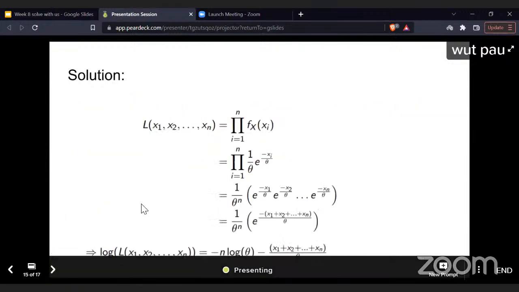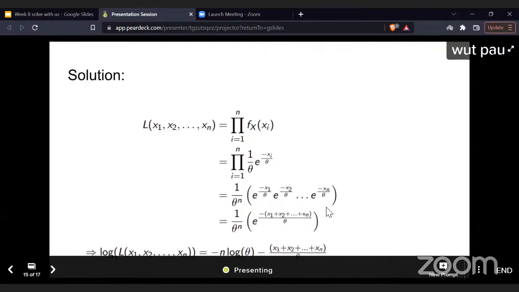We first find the likelihood function, right? To find the likelihood function, we have to find the product of all those distribution functions. Once you do it, it comes out to be 1 upon theta to the power n, e to the power minus sum of xi's divided by theta.